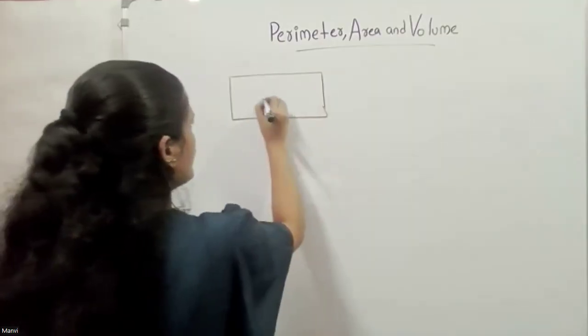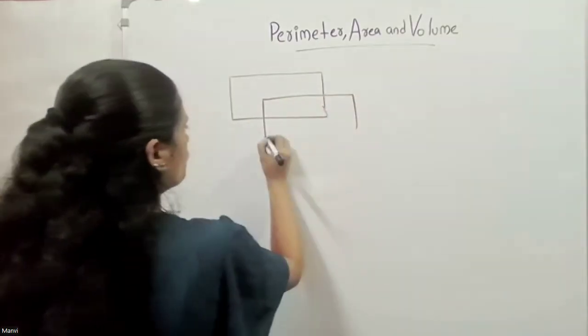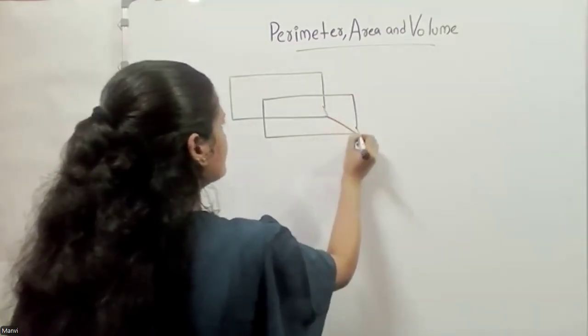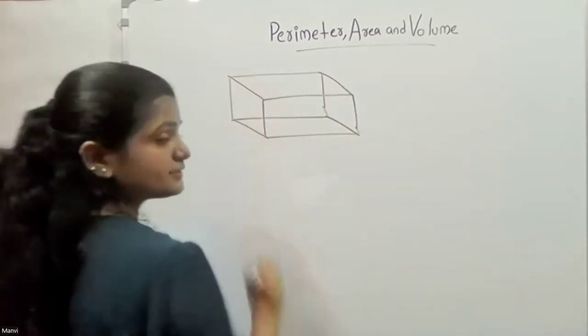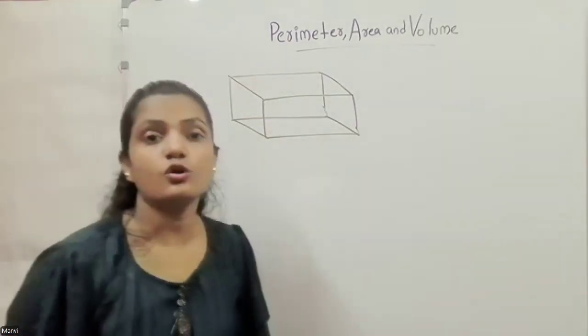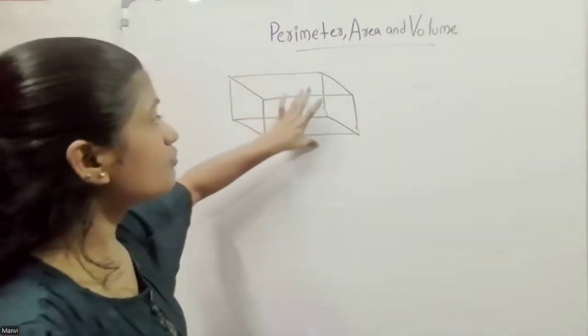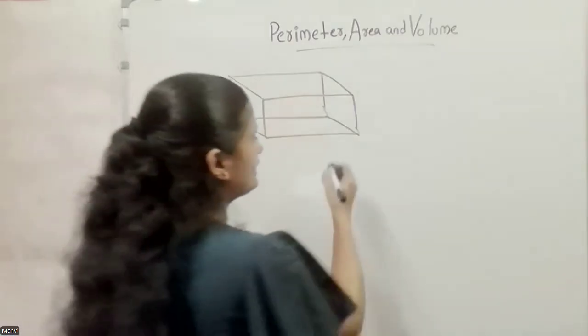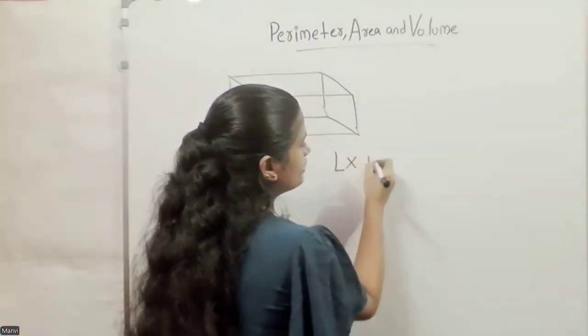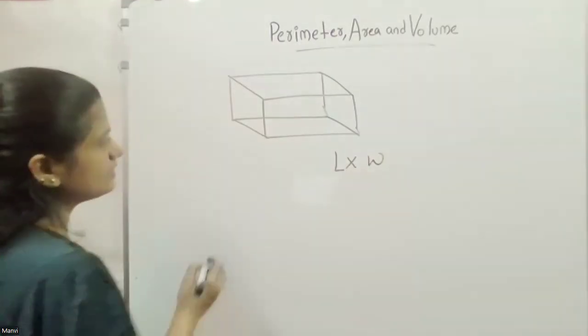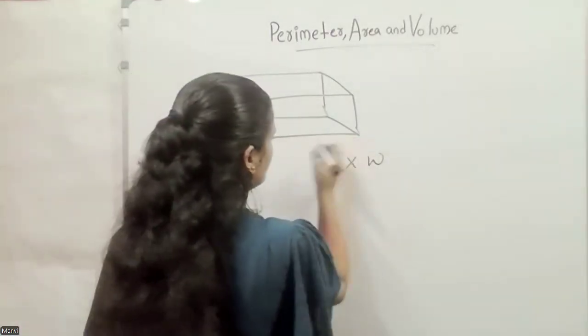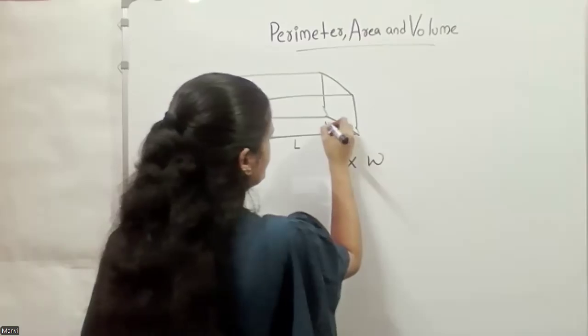So, Kavya, do you agree this cuboid face looks like a rectangle, right? So, the area of one rectangle is length times width, okay? In a rectangle, we say this is the length, that is the width.